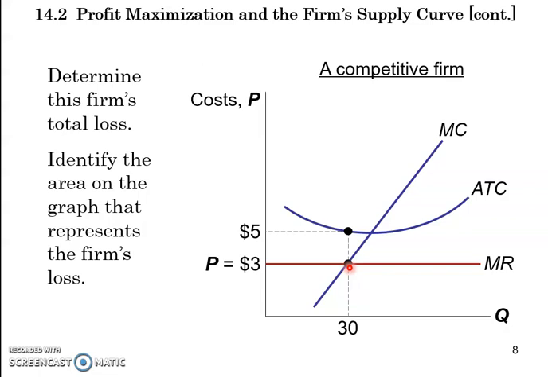Again, if you produce more than 30, you would find that the firm actually loses more money, because MC is greater than MR, and the gap gets wider on the right hand side.